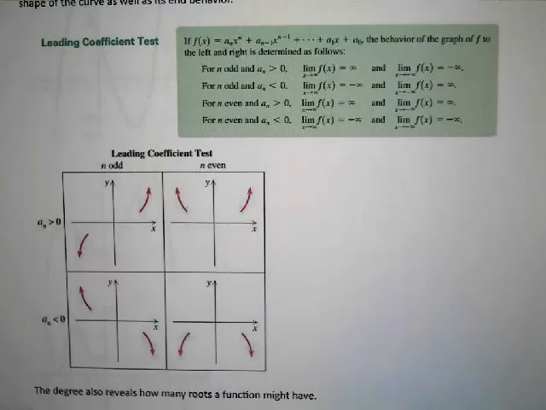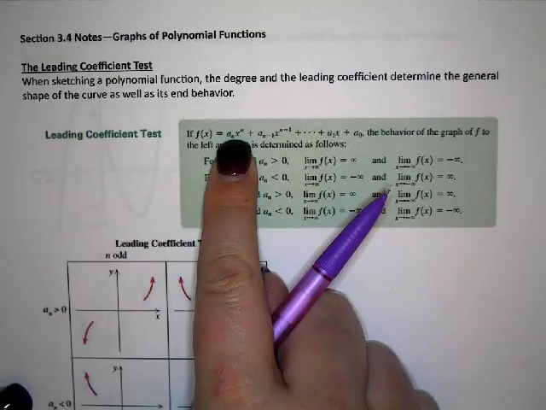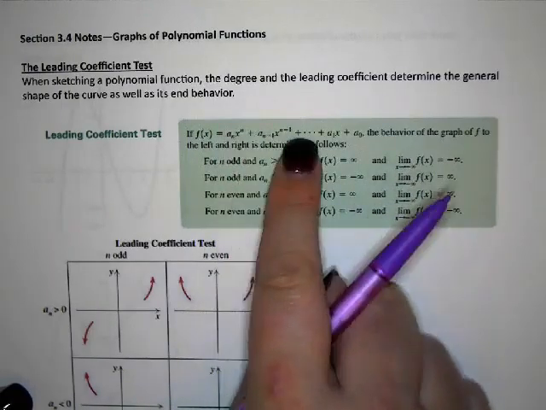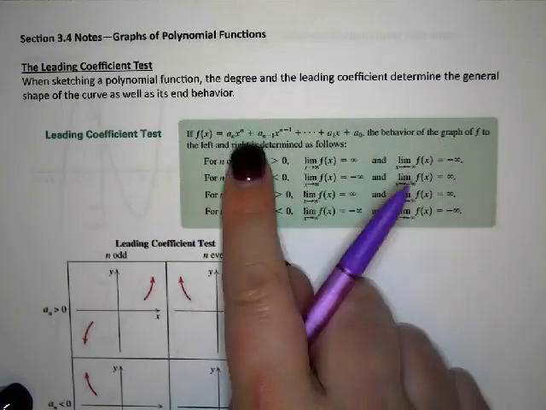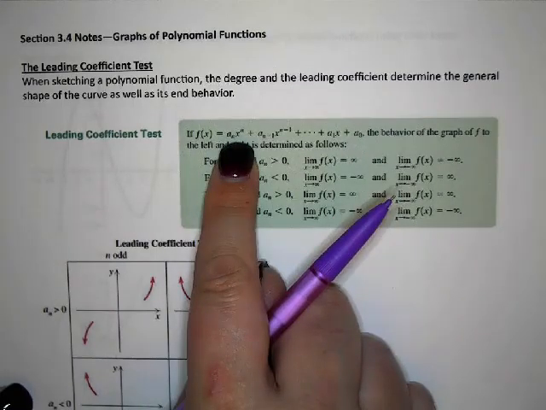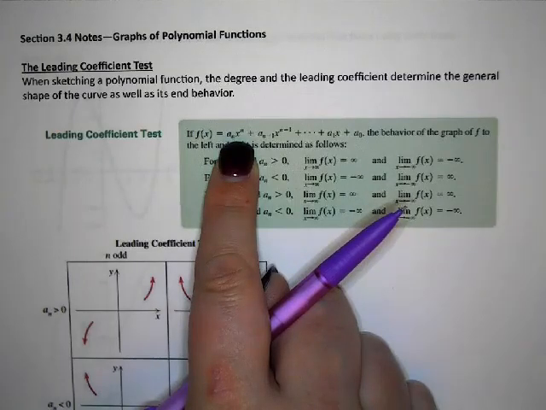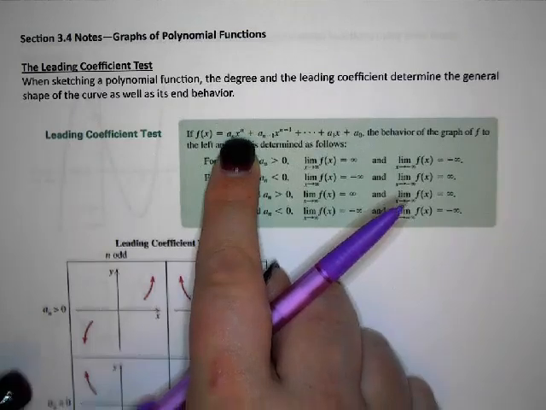So when we talk about the degree of the function, we're talking about the highest exponent. So typically when you write a polynomial function, you write each term and you put the exponents in descending order. So if the polynomial function has been written in standard form, the first term is going to have the highest exponent, and it's going to tell you the degree of the polynomial.